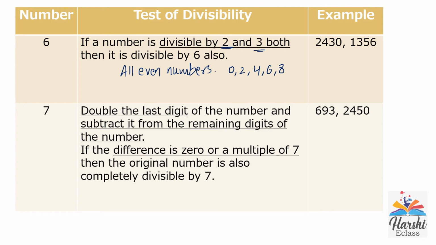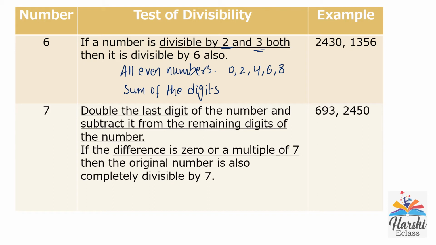Number 3. Divisibility rule of number 3 is that the sum of the digits in the given number should be divisible by 3 without leaving any remainder. Or the sum of the digits in the given number should be a multiple of 3.